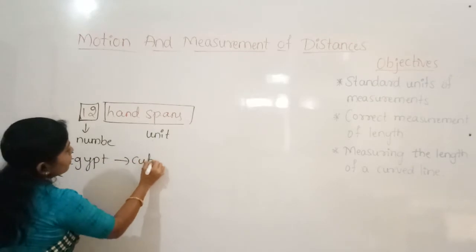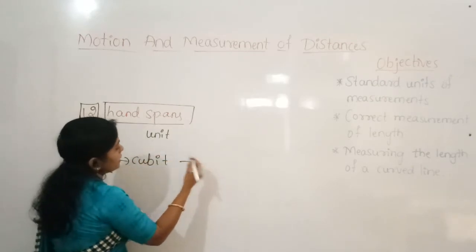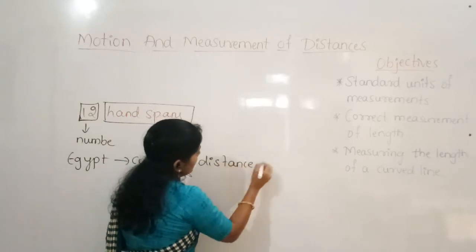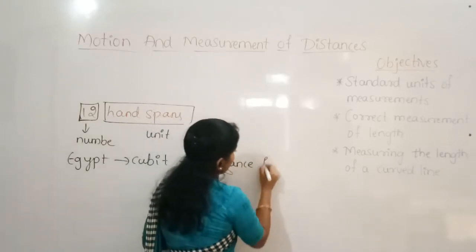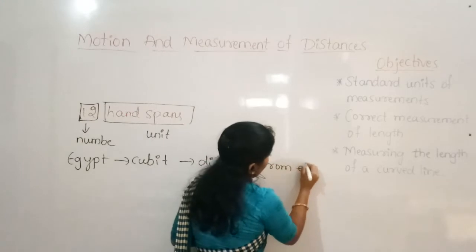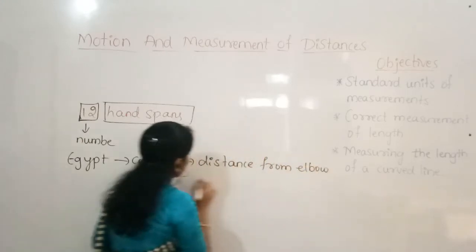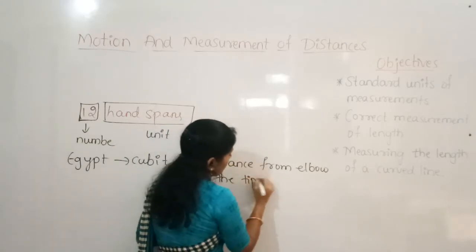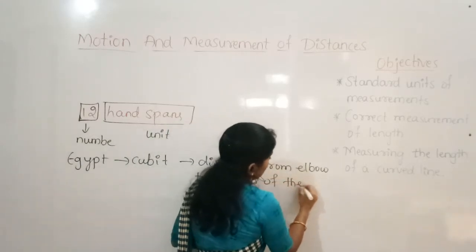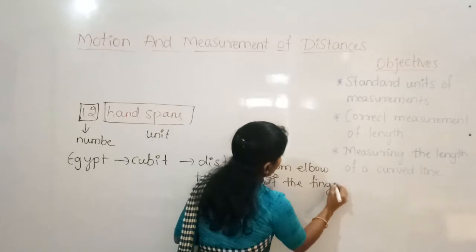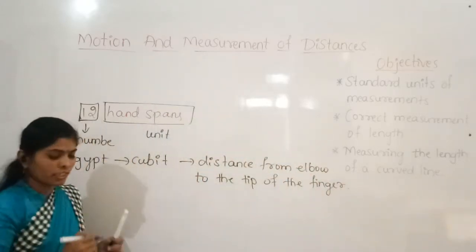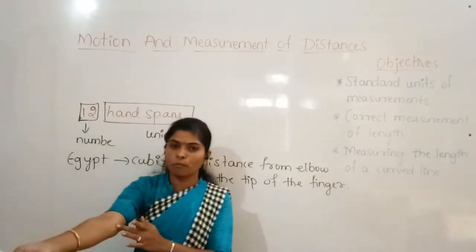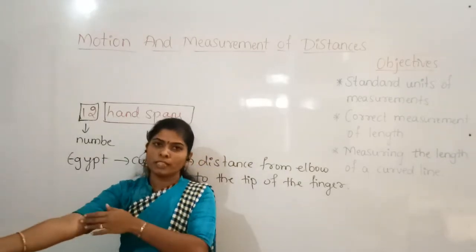Cubit means the distance from the elbow to the tip of the finger. This is what the cubit is.